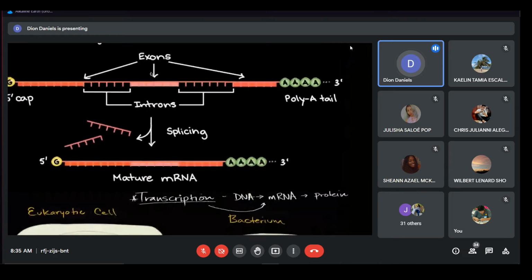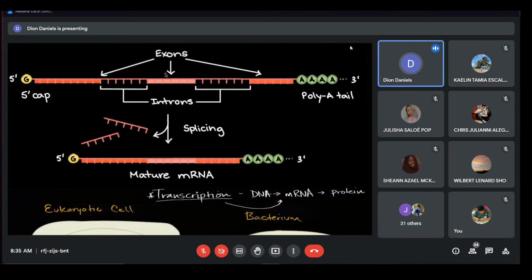And you might say, well, how is that going to be processed? Well, there's a couple of things that are going to be done. Some things are going to be added at the beginning and the end of the mRNA. The 5' cap, this is a modified guanine right over here, which is going to help in the translation process as the ribosomes attach onto it.